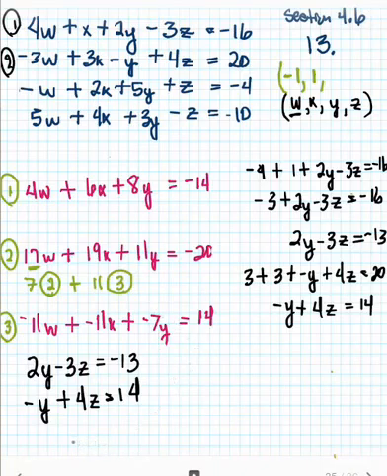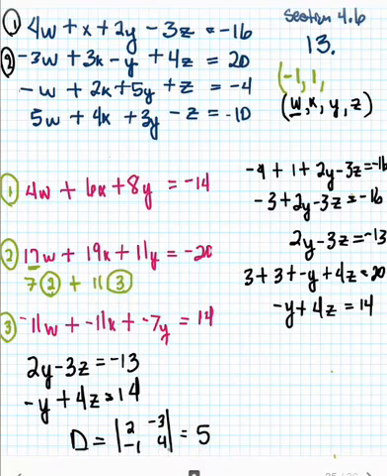First of all, the denominator determinant is easy to find. It's 2, -1, -3, 4. I think I came up with that already, it's 5. It's 8 minus 3, so yes, 5.